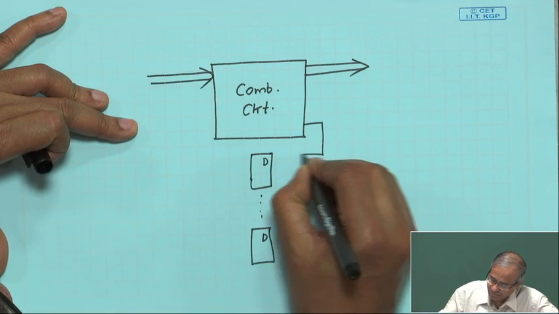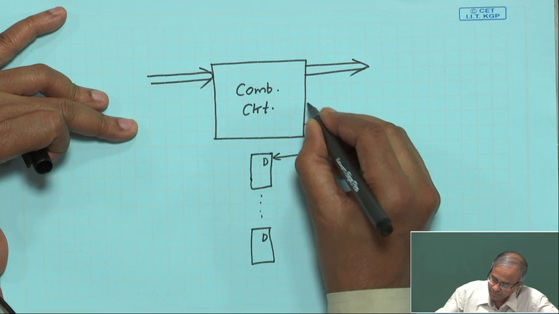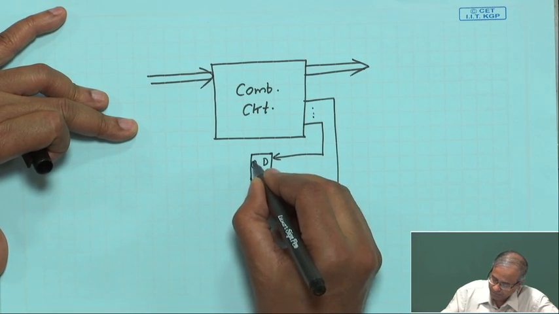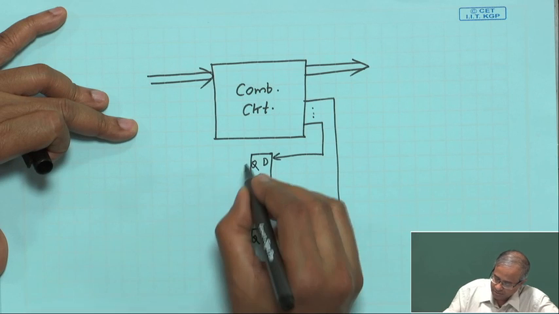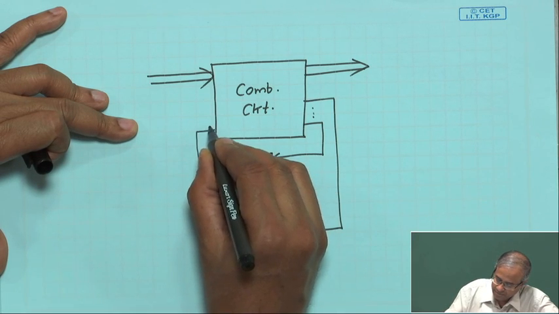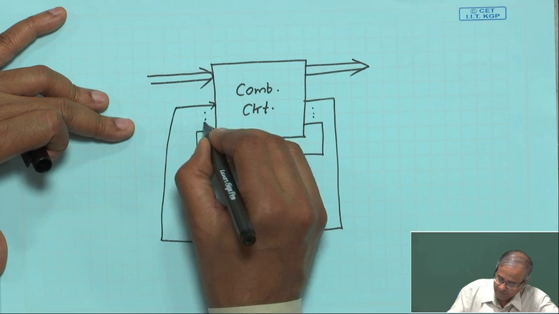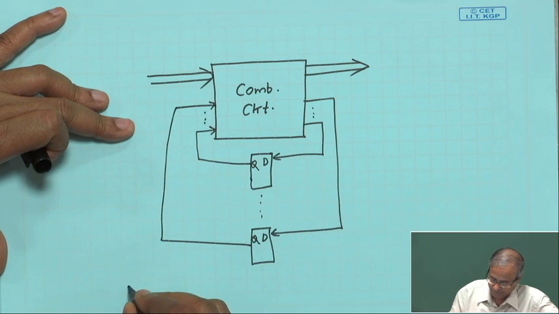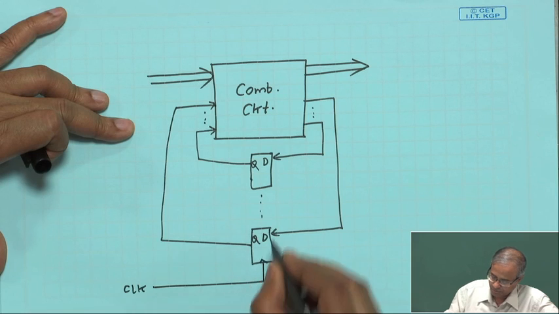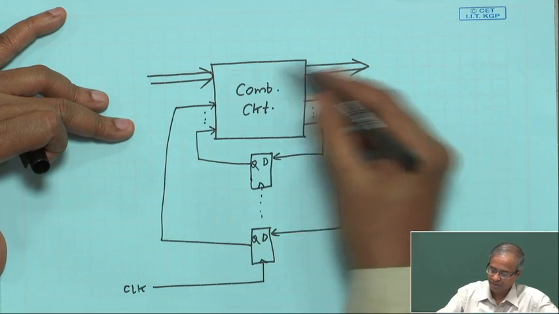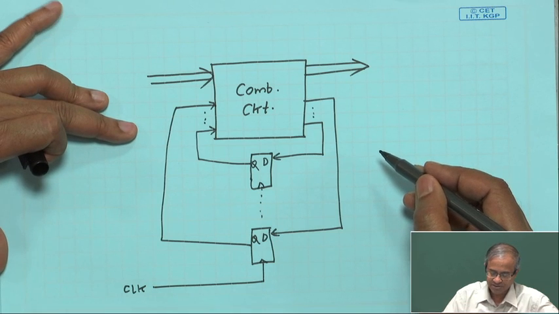Some of the lines will be going to the flip flop inputs like this, and the flip flop outputs will be feeding this combinational circuit again, and there will be a clock that will be feeding all the flip flops together. So this is how you can model a synchronous sequential circuit.